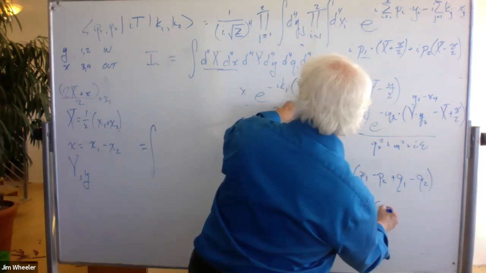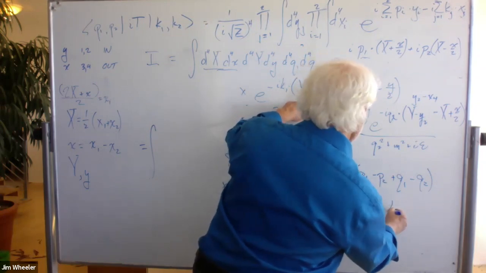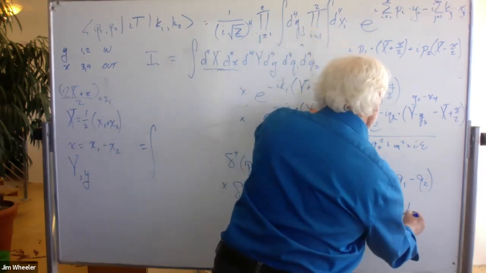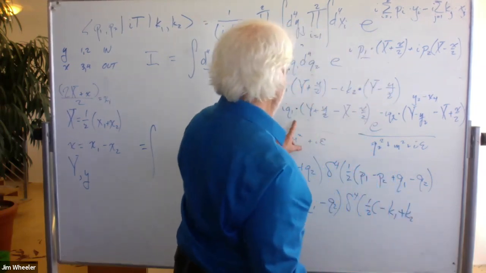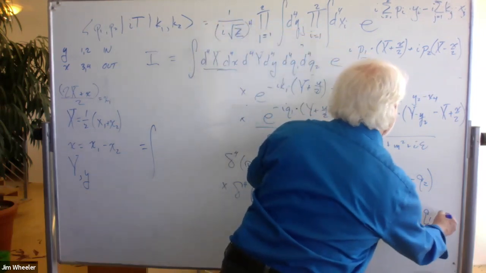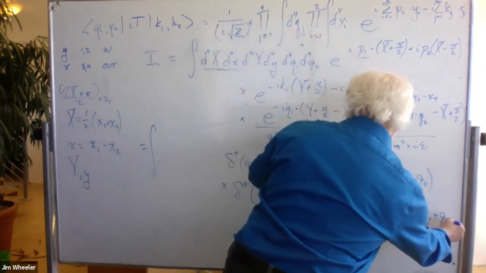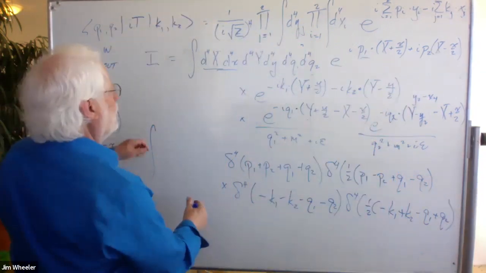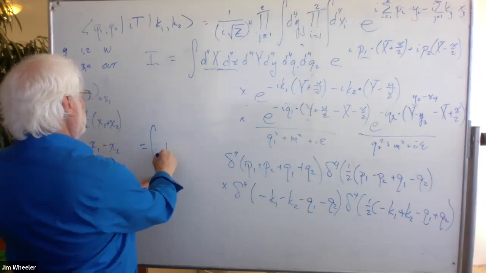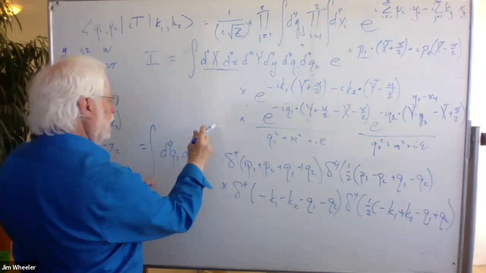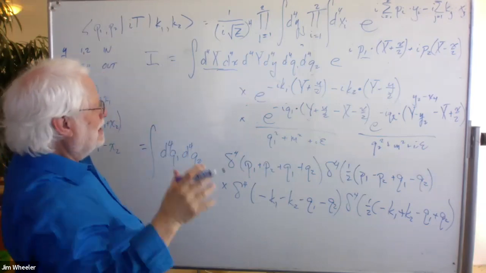We have a half. We have minus K1 plus K2. Then here, minus Q1 plus Q2. All right, and then we still have D4 Q1, D4 Q2 left.